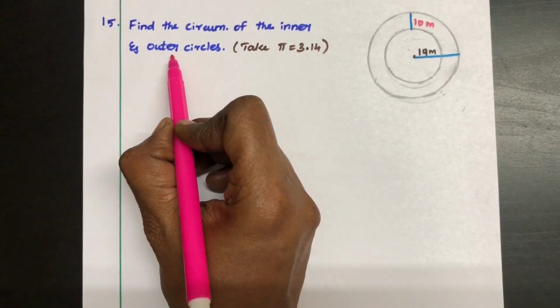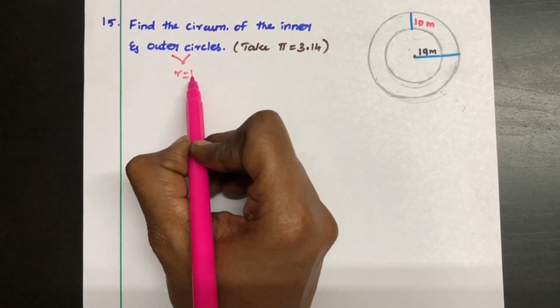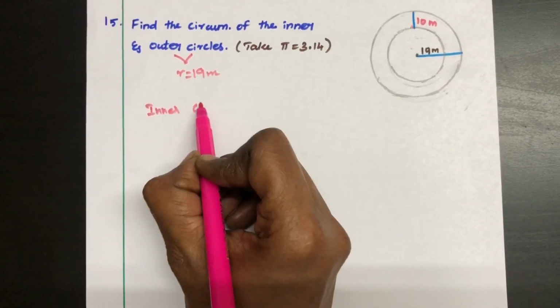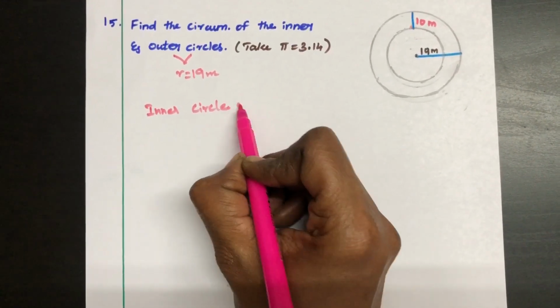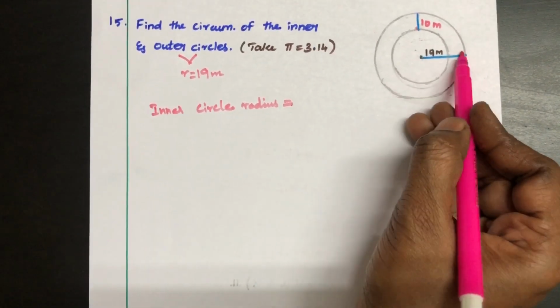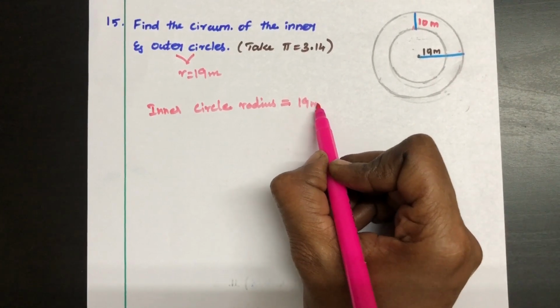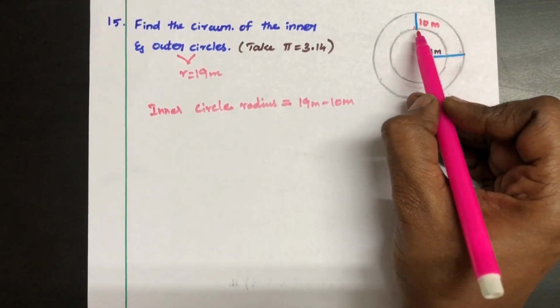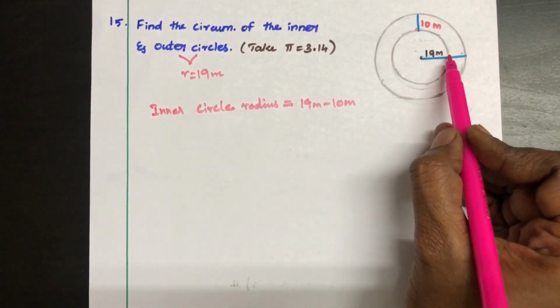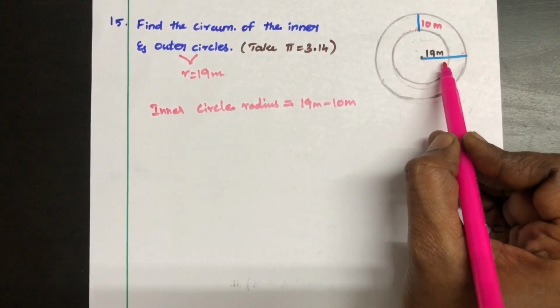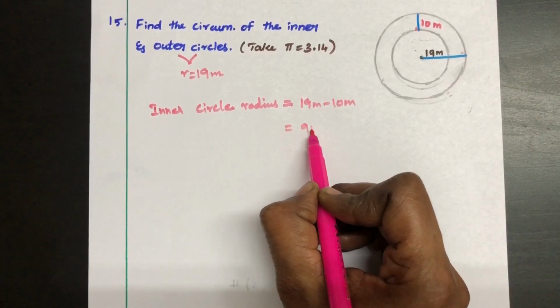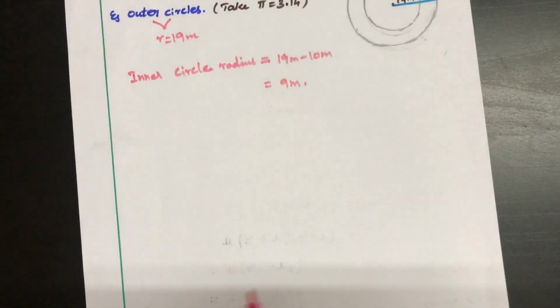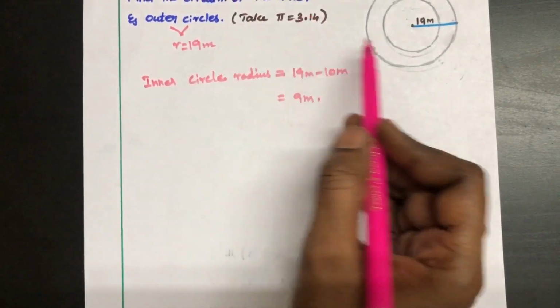Inner circle radius is equal to full 19 meter minus 10 meter. See, this length minus this length gives you this value. This is 9 meter. Now the question is, what is the circumference of both?